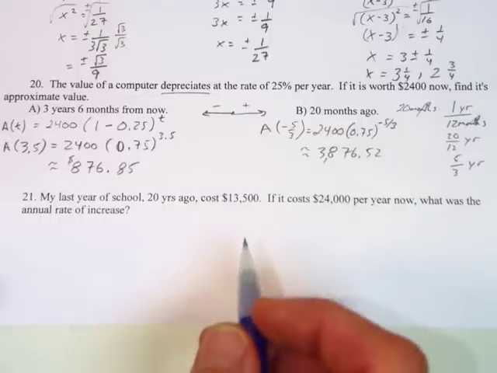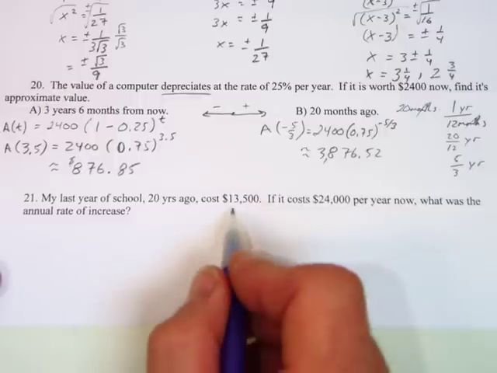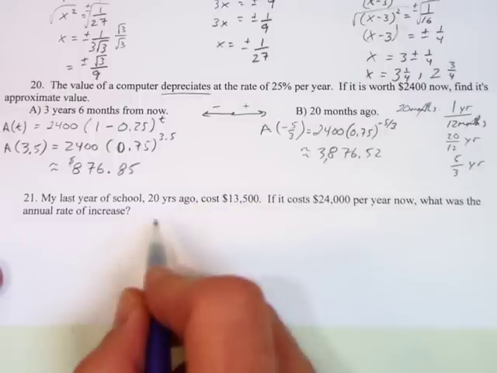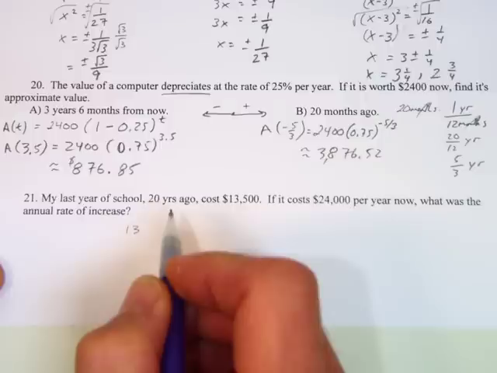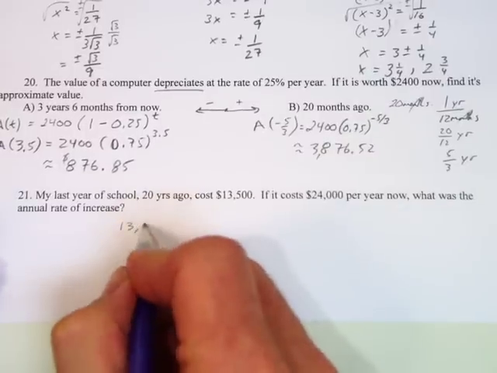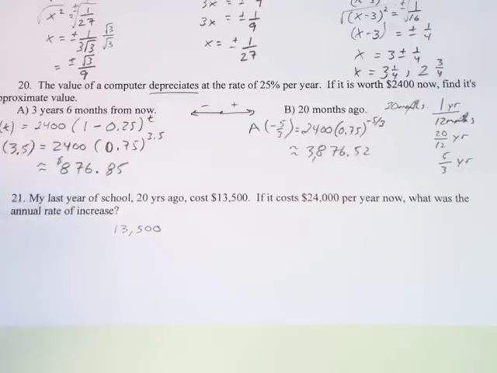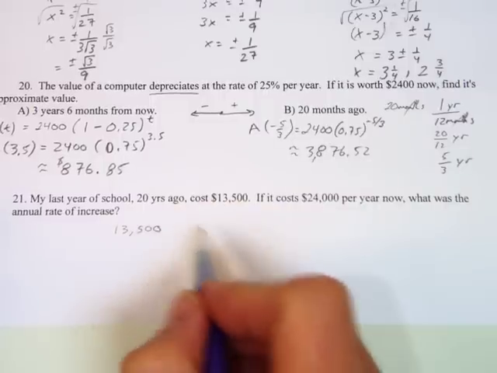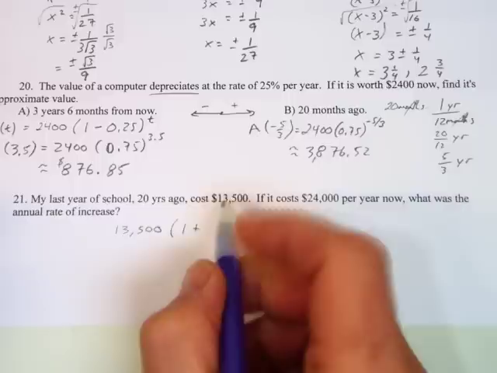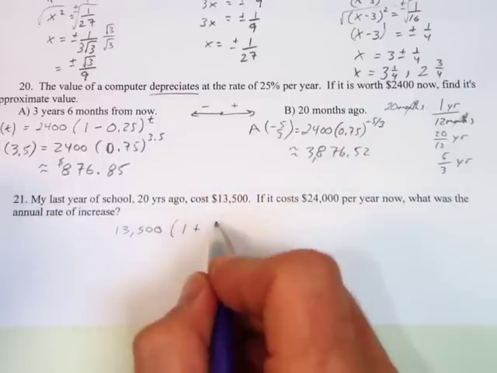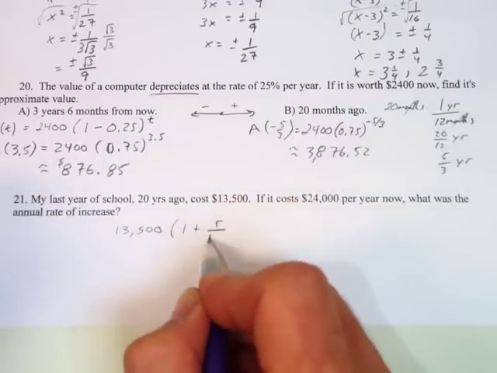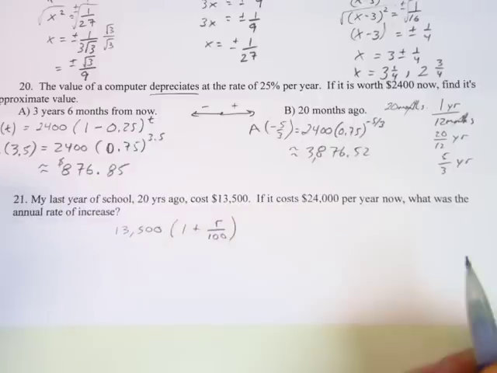So let's set this up. Just dealing with this part, we have 13,500 would be our initial amount of money. And then we don't know what the rate of increase was, so we're going to have to say 1 plus R. We know it's going up, and R is written as a decimal, so we'll put it over 100.